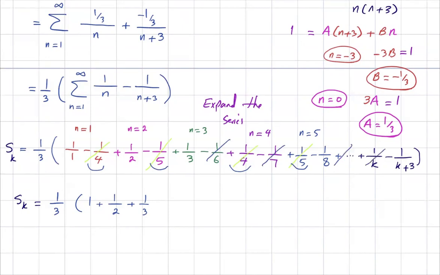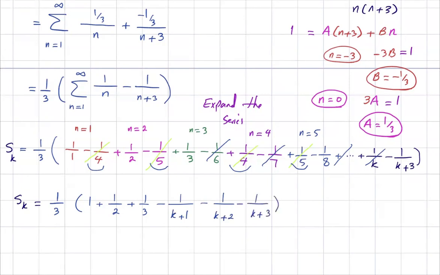This term, 1 over k, also gets canceled out with the previous term, right? But let us take a look at this. The terms that are left are negative 1 over k plus 1 minus 1 over k plus 2 minus 1 over k plus 3.